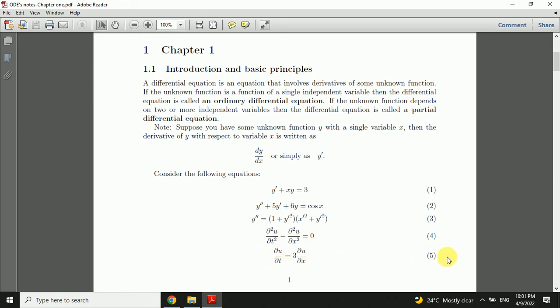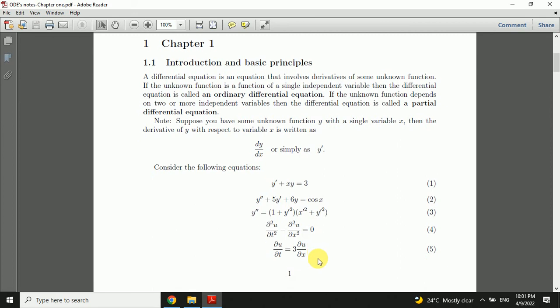Let me give you a minute to look at these equations before I proceed. Okay, I think a minute is done.